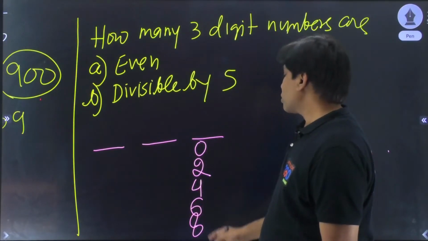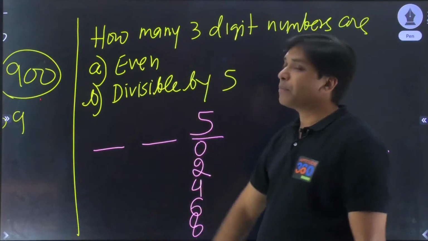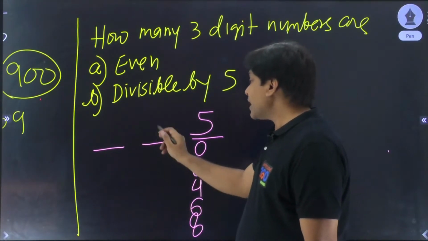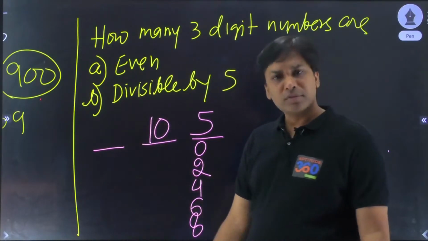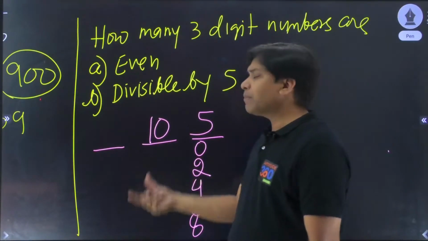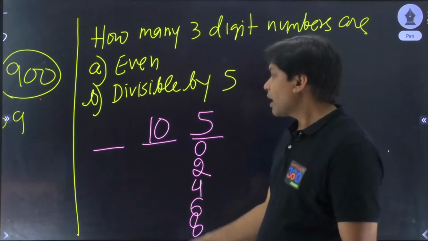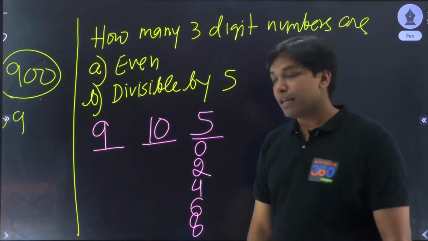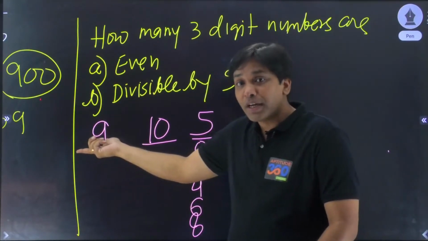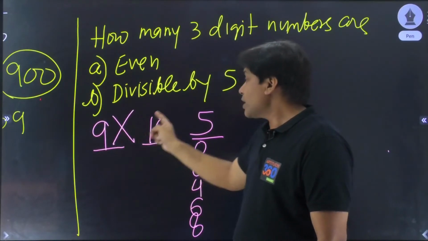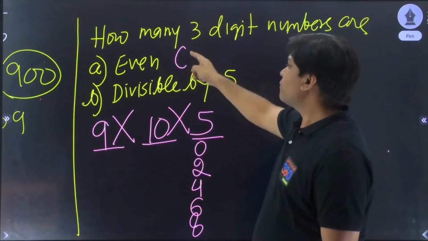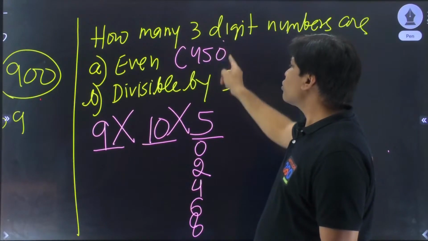So in how many ways can we accommodate the unit place? 5 ways. In how many ways can we accommodate the tens place? 10 ways, because it can have any number from 0 to 9, isn't it? And in how many ways can you accommodate the hundreds place? It is going to be 9, because you cannot have 0 over here, is it not? So what is going to be the answer? 9 into 10 into 5, which comes out as 450. Now you will also say it common-sensically, right?